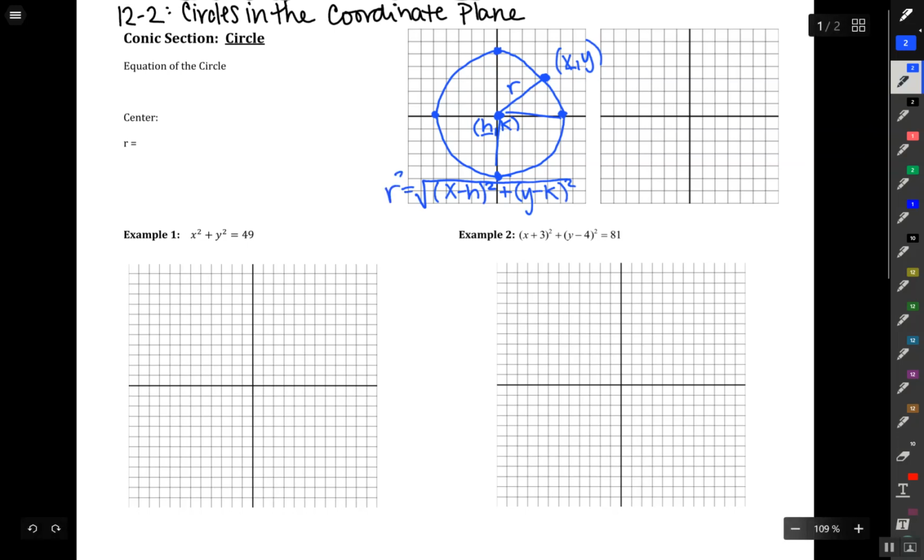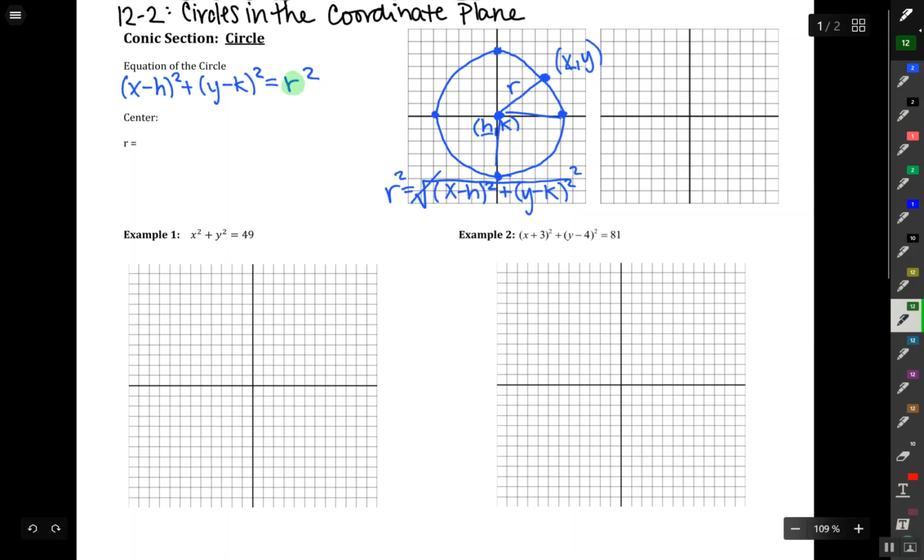If you square both sides, that gets rid of the square root, and you get the equation we're going to use: (x minus h) squared plus (y minus k) squared equals r squared.